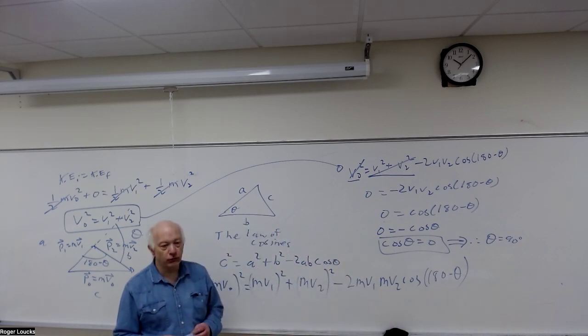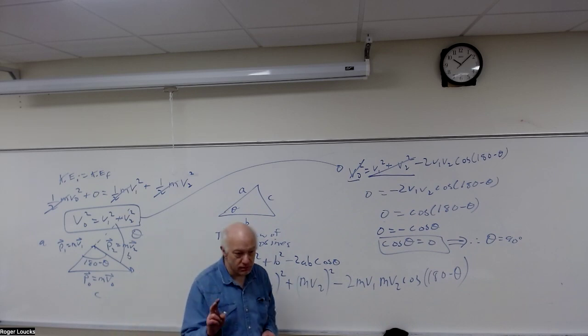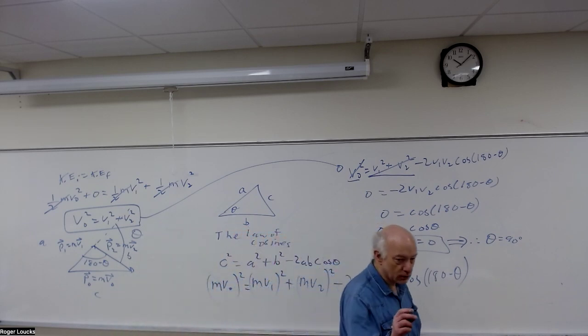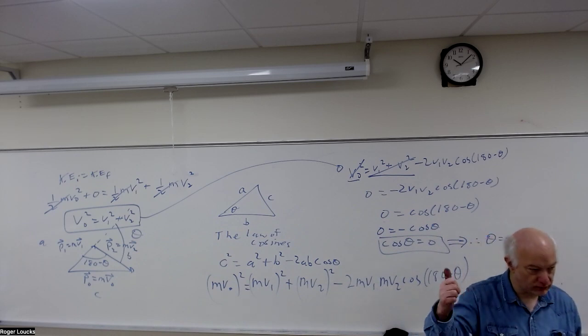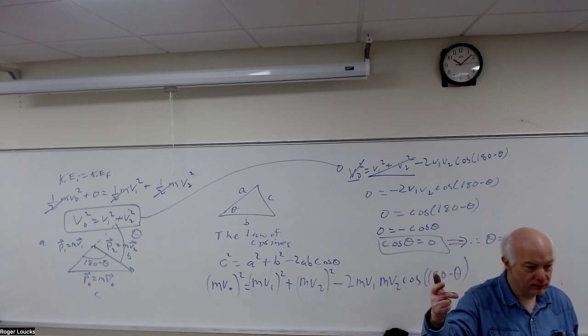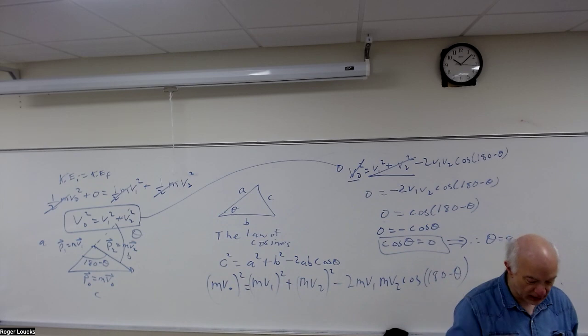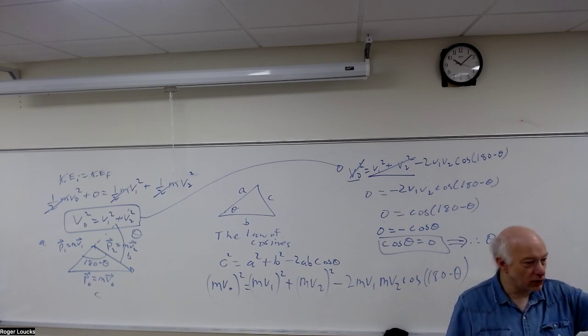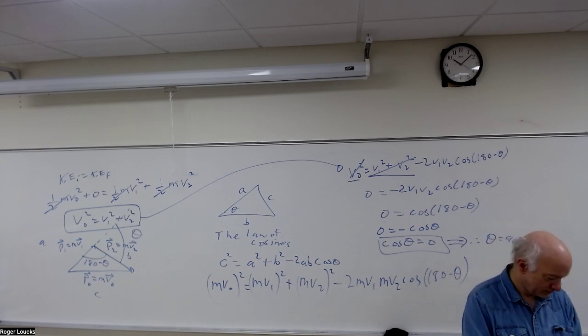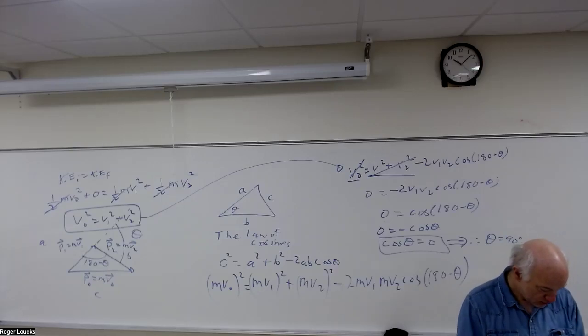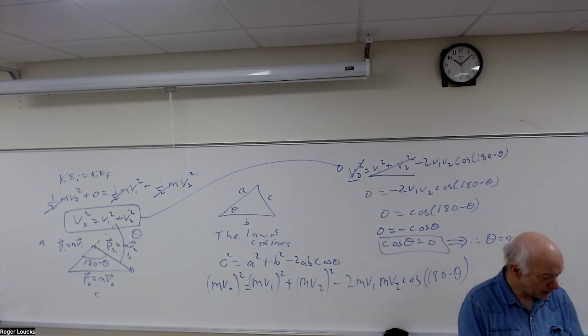Now, when can you use this result? What are the conditions? An elastic collision, the same mass, and one has to be at rest. Let's look at this practice test, part 1, number 6.